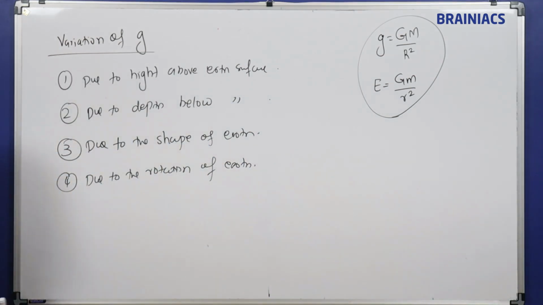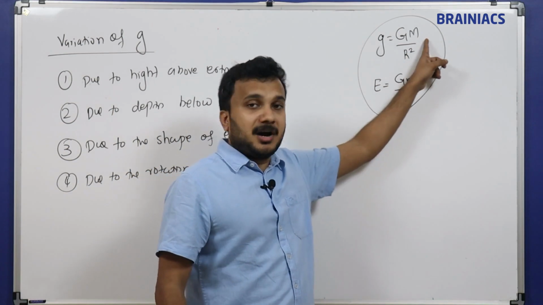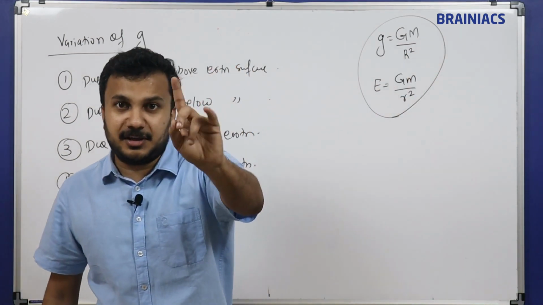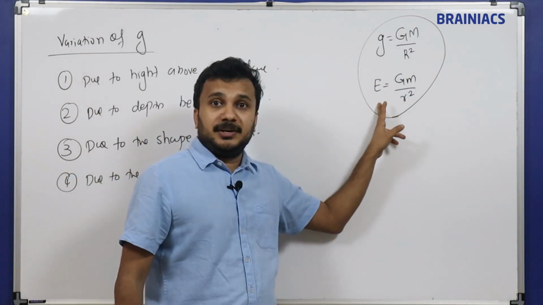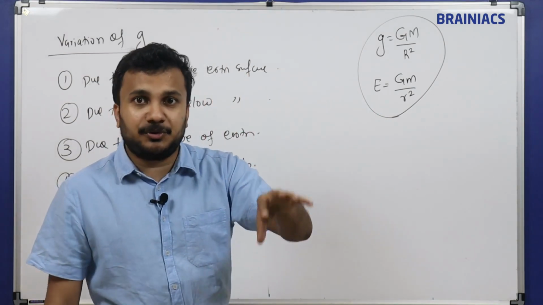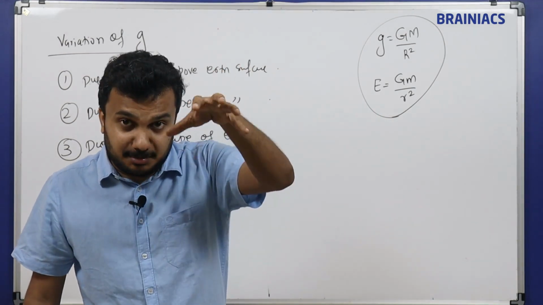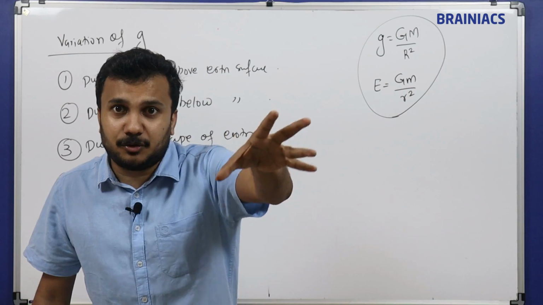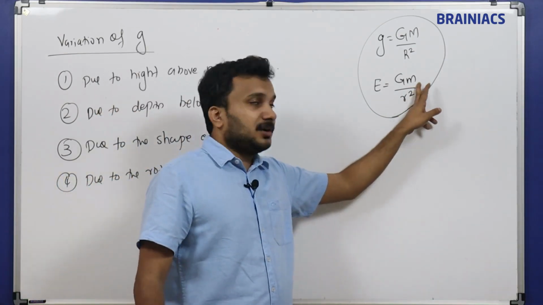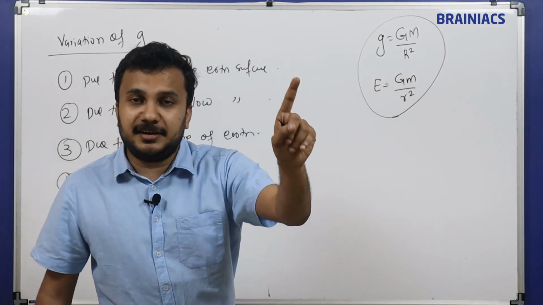Acceleration due to gravity, g, depends on the mass of Earth and radius of Earth, important. But gravitational field intensity depends upon the mass you have considered, whether it's a solid sphere or hollow sphere, whatever you consider, that mass is taken into account.